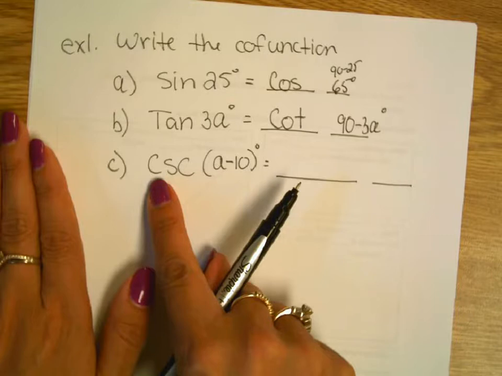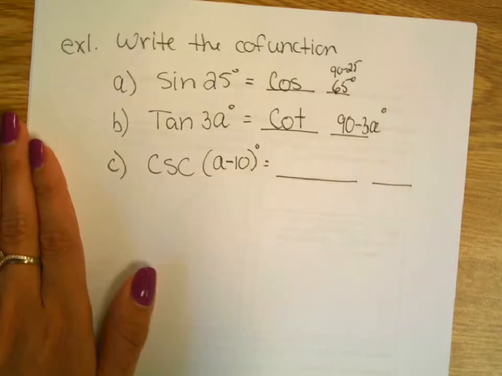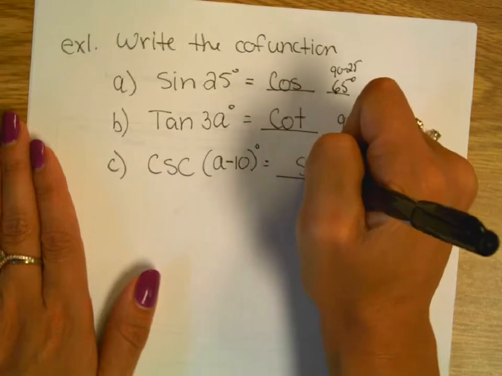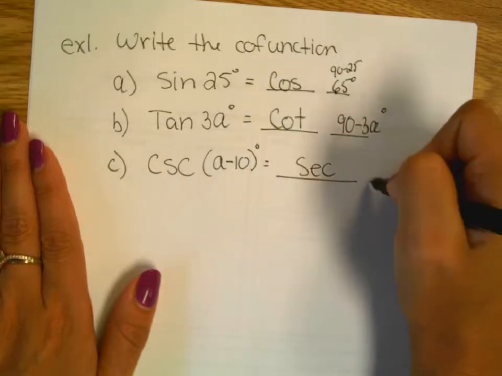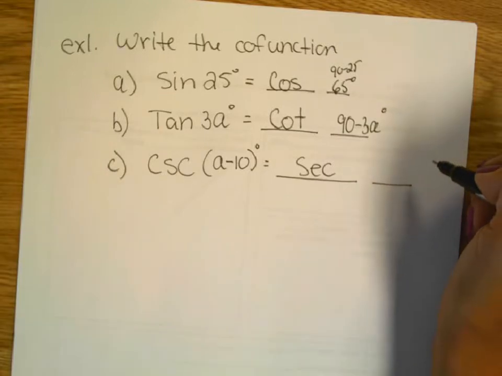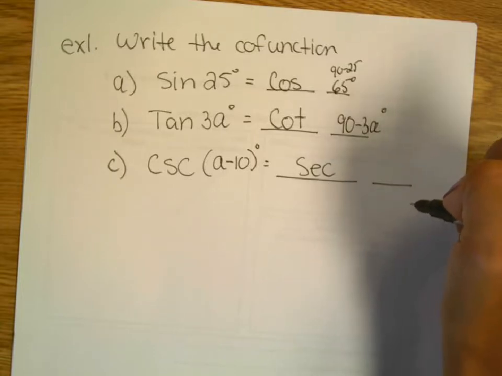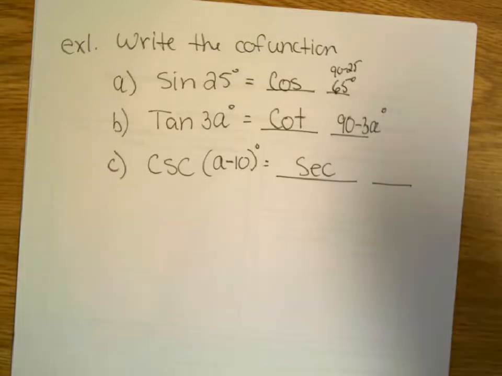So first of all, what is cosecant's cofunction? Secant, that's the easy part, right? What angle are you going to put here? You think 80 minus a. Say again? Caitlin was close. You said what? 80.